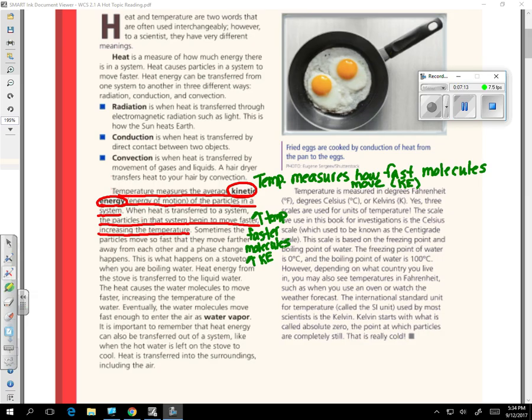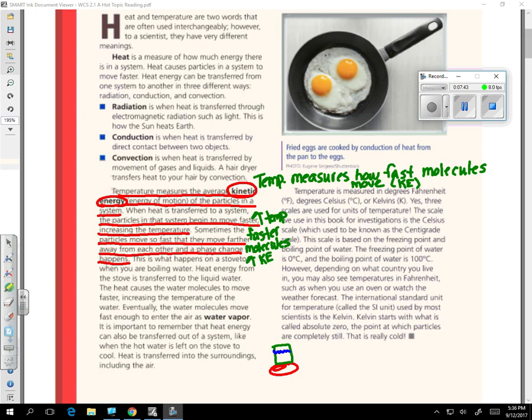I also need you to underline the part where it says particles move so fast that they move further away from each other and a phase change happens. So if you think about it, if you draw this picture, you have a pot on a burner and it's getting warmer, right?